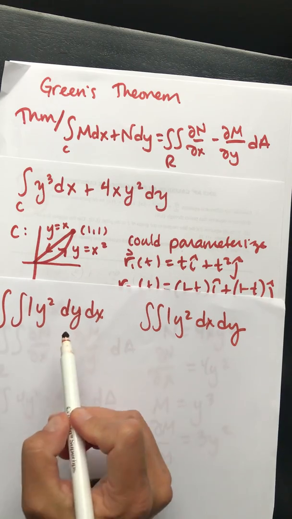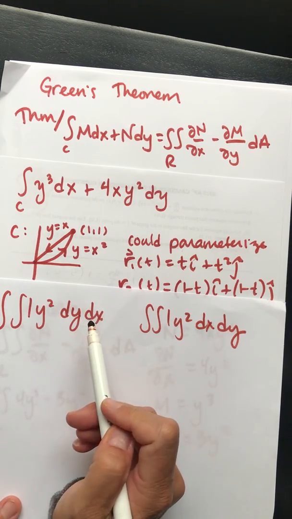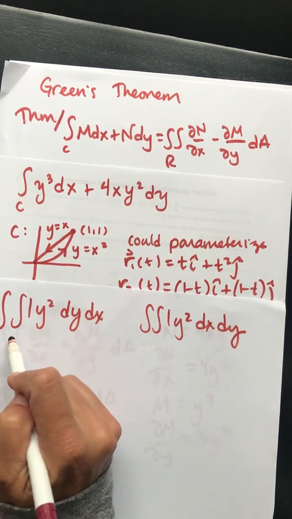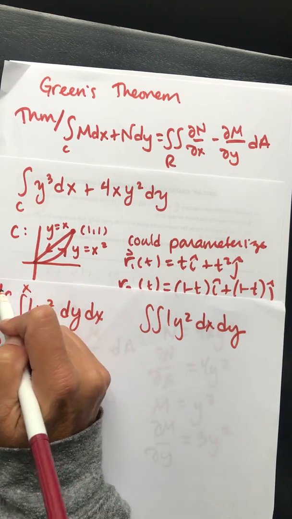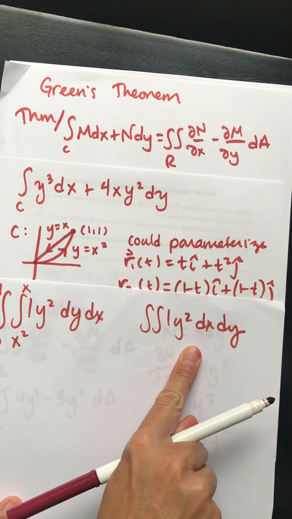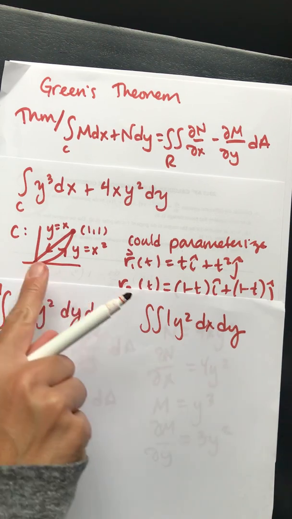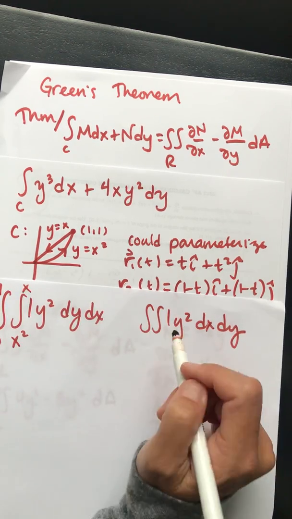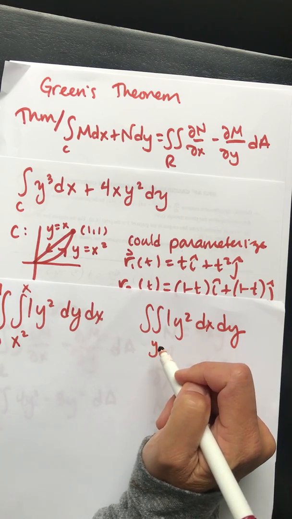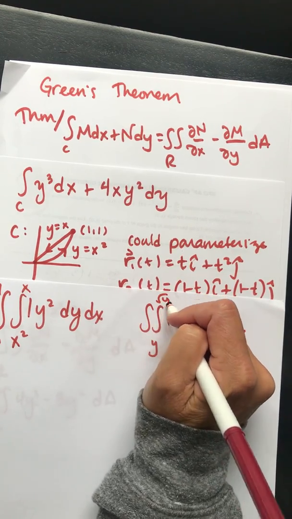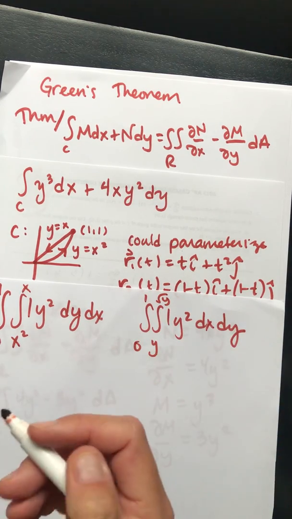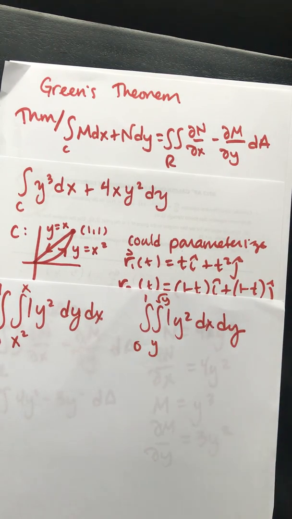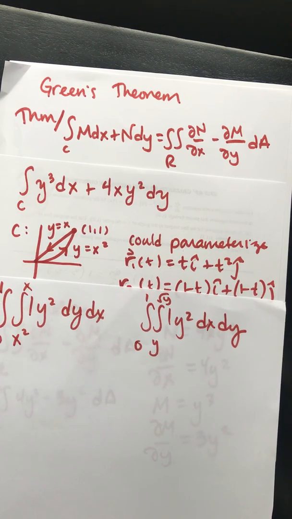If I look at dy dx first, my y values go from x squared to x, and my x values go from 0 to 1. Or in terms of dx dy, my x values go from y to root y, and my y values go from 0 to 1. I'm not sure that either one of these is particularly easier to solve than the other one.